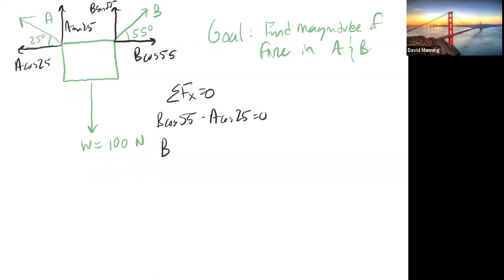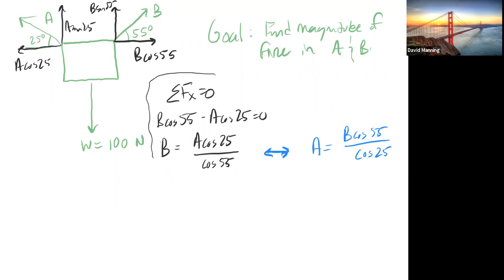B equals A cosine 25 over cosine 55. Now, some of you may have done A equals B cosine 55 over the cosine of 25. Both are the same, both are okay. All that's going to change is in your next step, when you go to substitute, you're going to be substituting for different variables. So that's the beginning of our x right here.